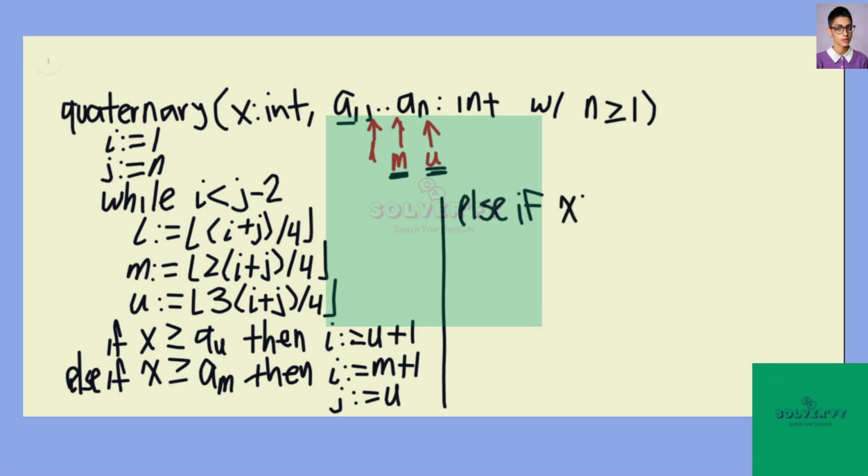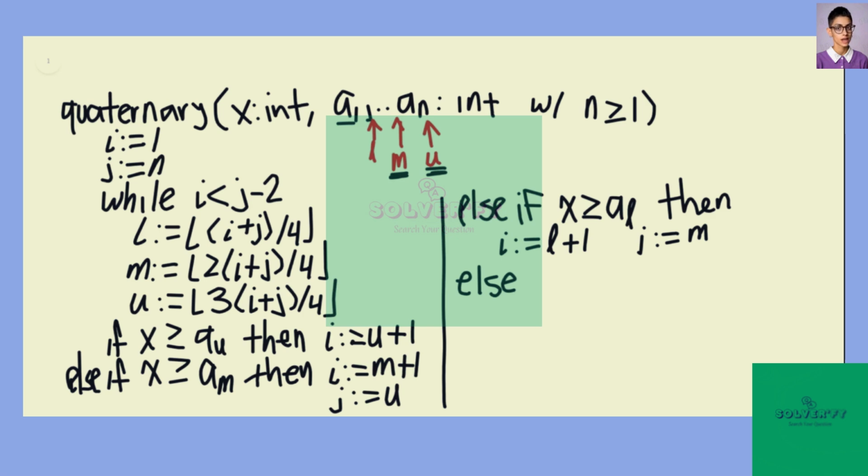So if x is greater than or equal to a sub L, then we need to reset our search range so that i is going to be L plus 1, and j is equal to M. And then the final else case, we would not need to reset i for this, the first quarter of the list, but we would just need to set j, and so then j would be equal to L.